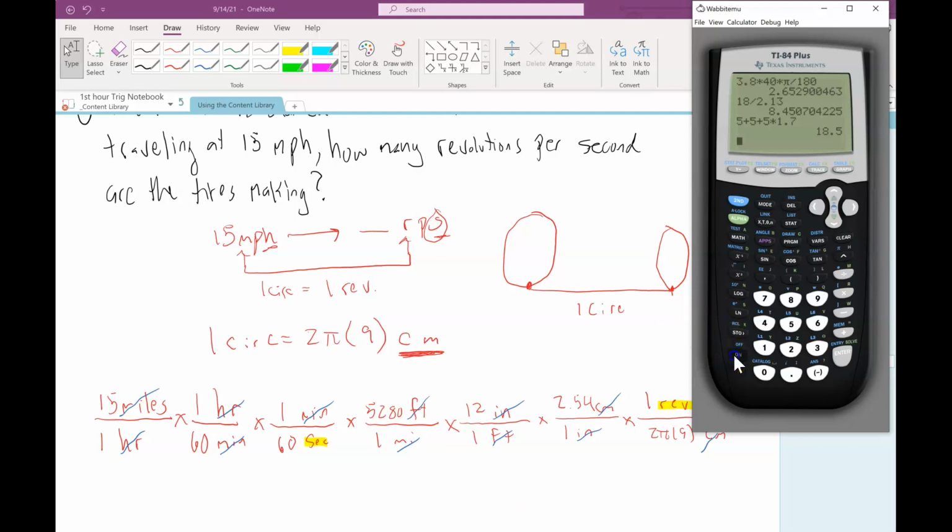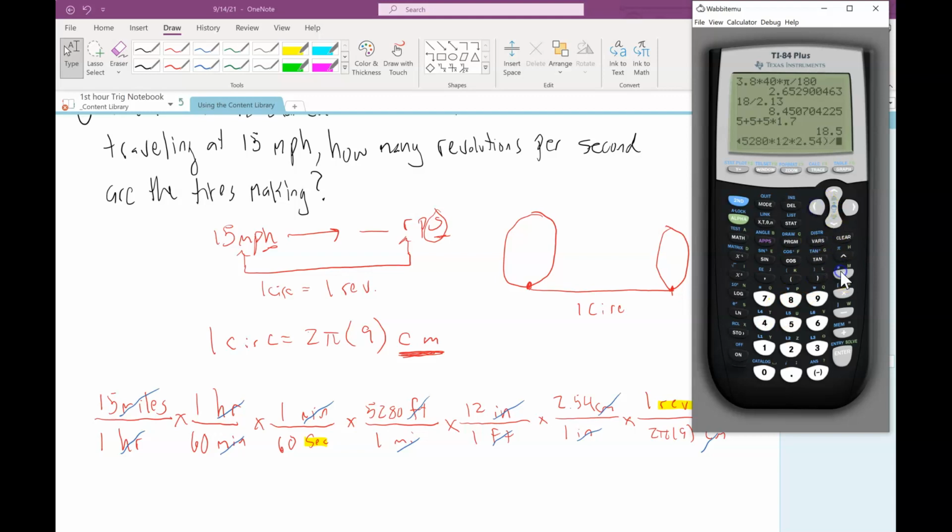So now all I'm left to do is multiply this on my calculator. So I'll do all the numerators first. So 15 times 1 times 1, I won't type in the ones because they don't really do anything, times 5,280 times 12 times 2.54. Oops.